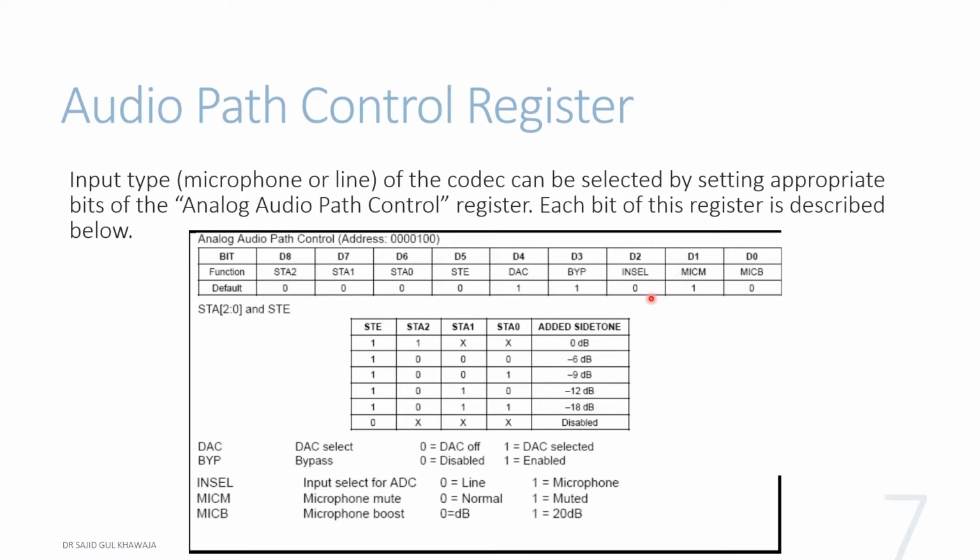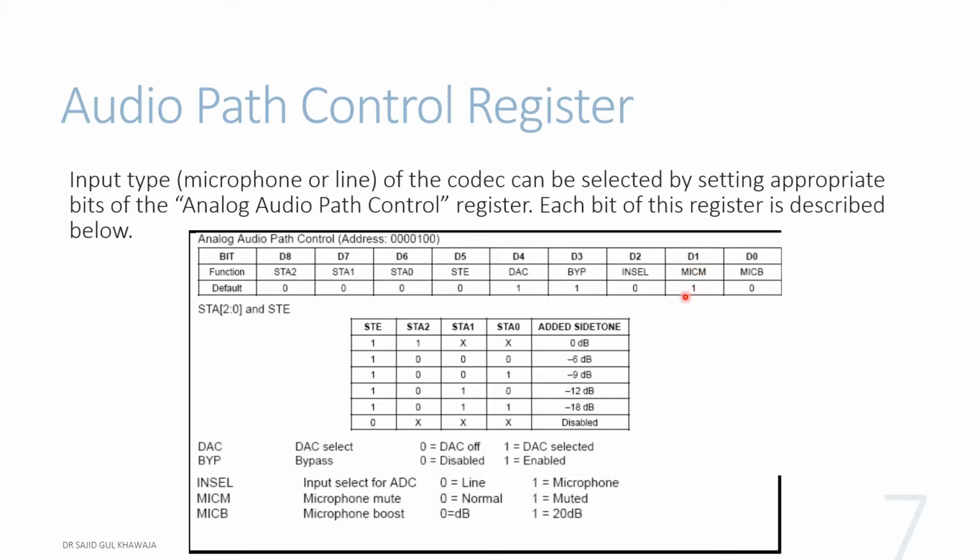The third bit deals with input select. That is very obvious: it will either be choosing the line in or the microphone as the input carrying line. So if we are going to deal with the microphone, we need to set this input select to 1. Whenever input select is set to 1, it essentially means D1 automatically should be set to 0.